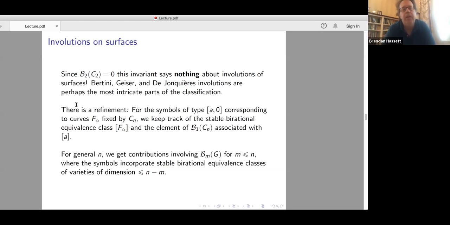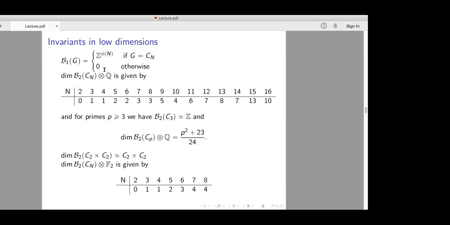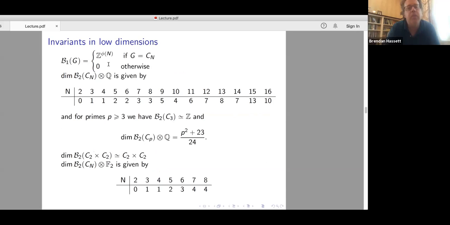And so these refinements allow you to get a bit more information than you can get just by looking at the invariants per se. But knowing the invariants is important because if you want to get something in codimension 1, the algebraic structure of B1 is what's relevant. Something in codimension 2, the algebraic structures of B2 are relevant.